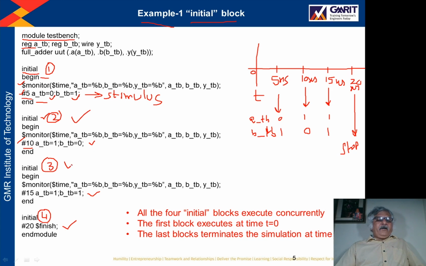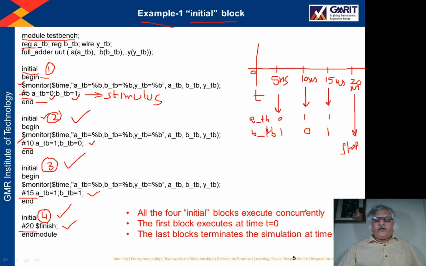Initial block 3 is also executed at t is equal to 0, but since we have mentioned hash 15, at 15 microsecond it assigns a_tv is equal to 1 and b_tv is equal to 1. And initial block 4 also executes at t is equal to 0, but here we mentioned hash 20, so at 20 microsecond it will stop the simulation.